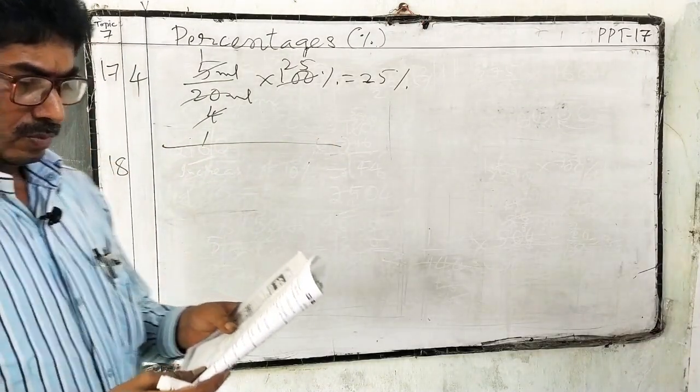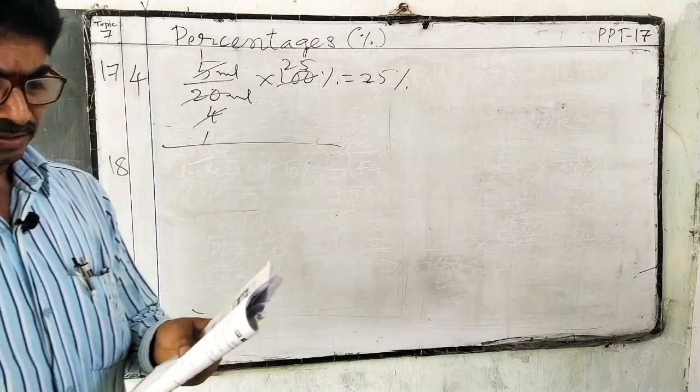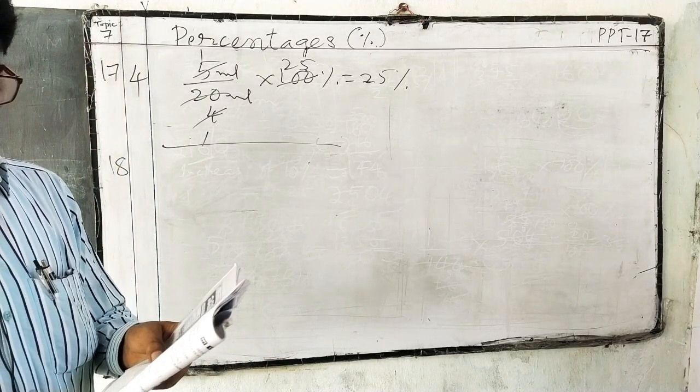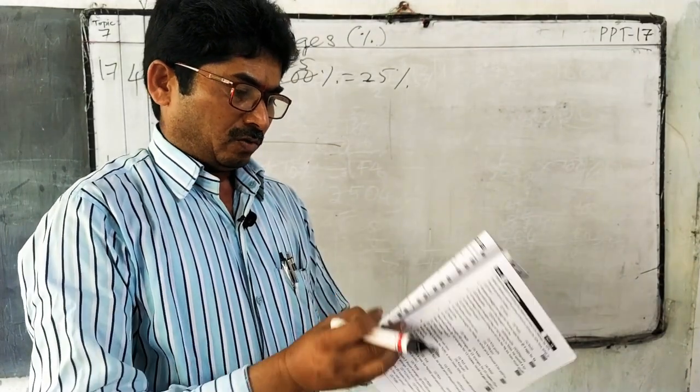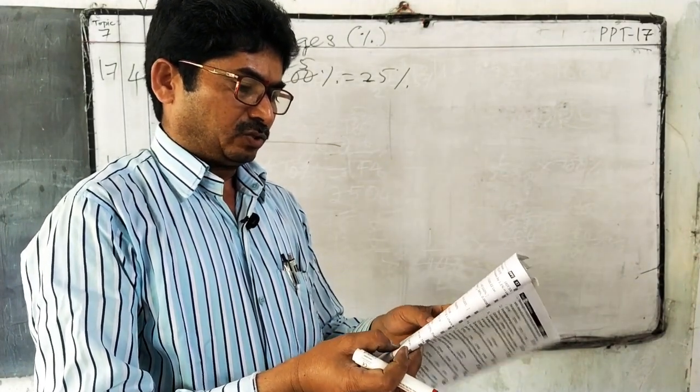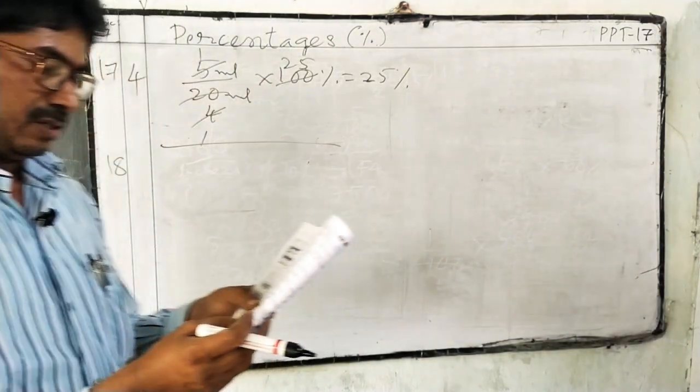Next 18. In Supriya's class, 14 out of 25 students ride a bus to school. What percentage of the students do not ride a bus?